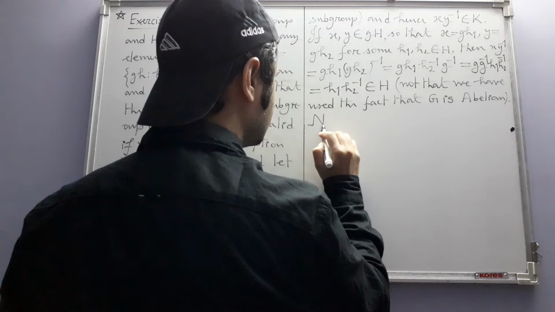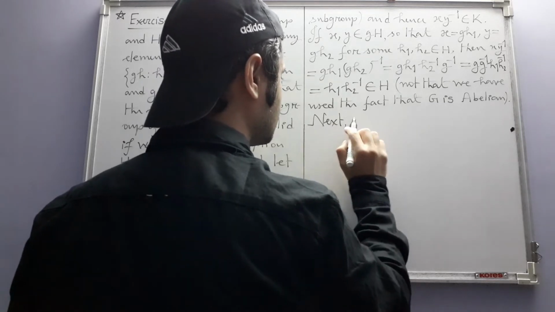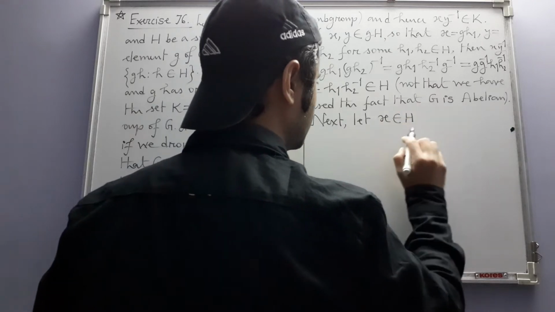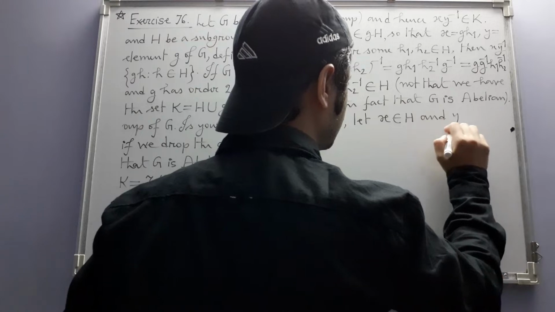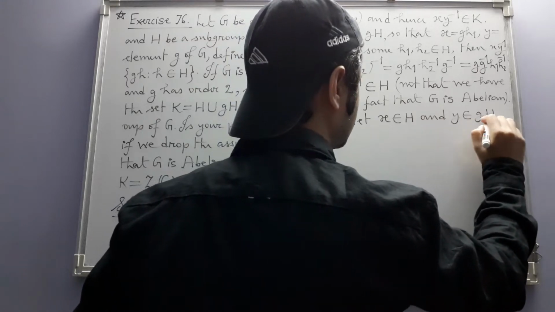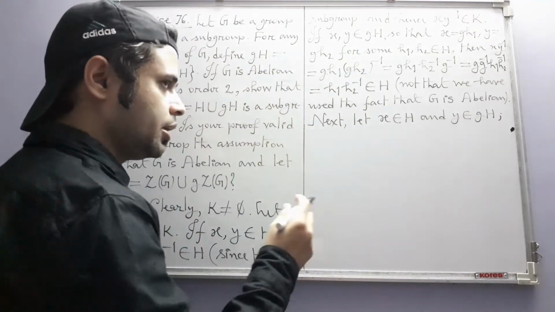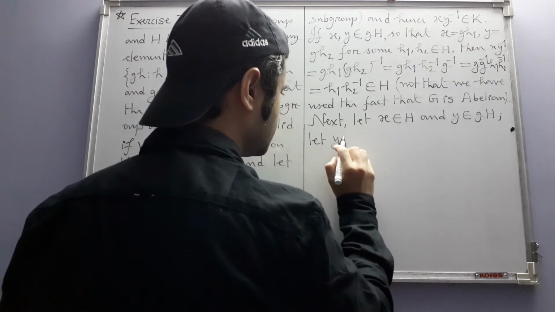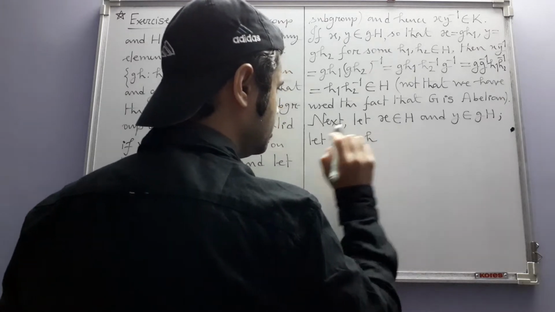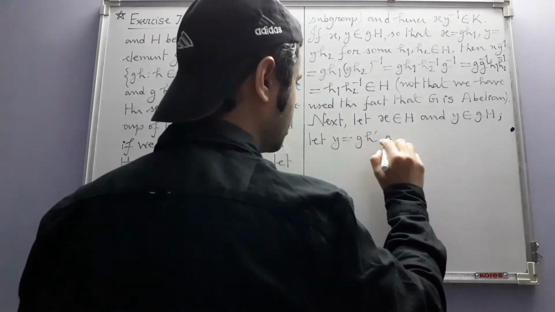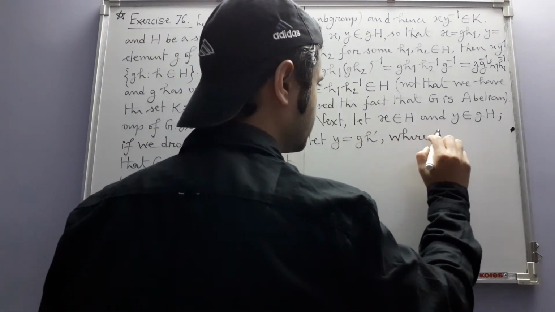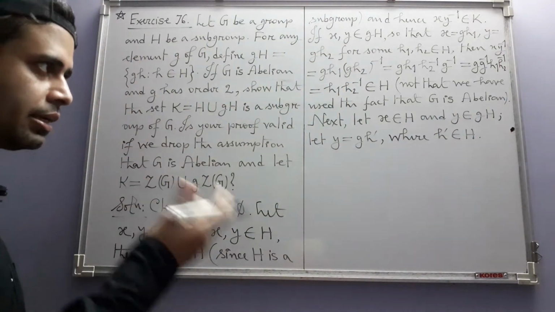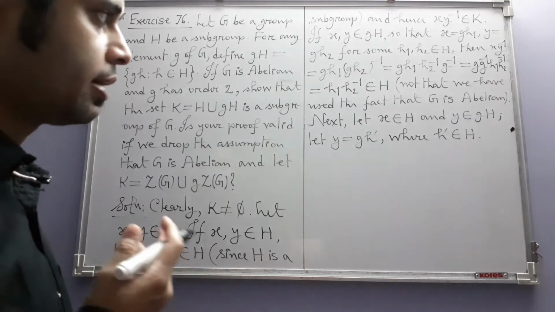So next, let x belong to H and y belong to gH. Since y belongs to gH, it is of a particular form, so let y equal to say gh', where h' belongs to H. Now again, in this case also we are going to calculate xy inverse.